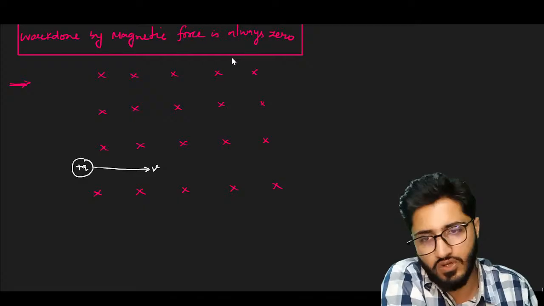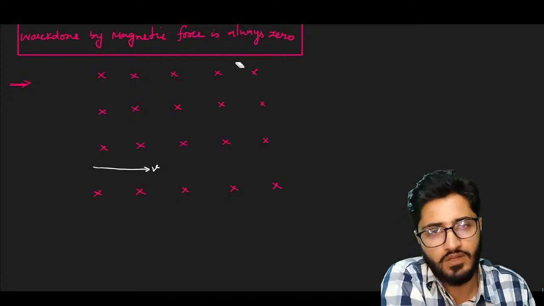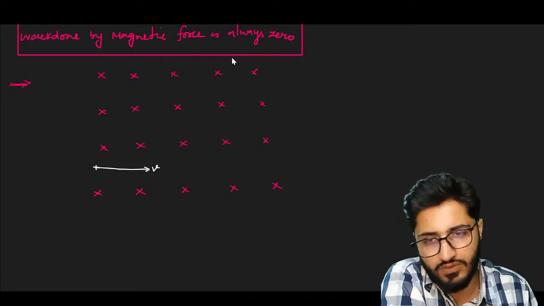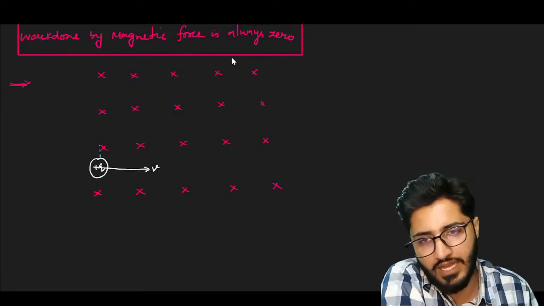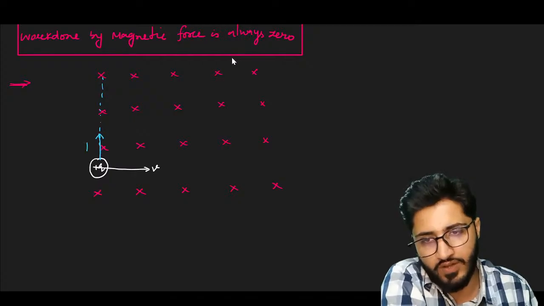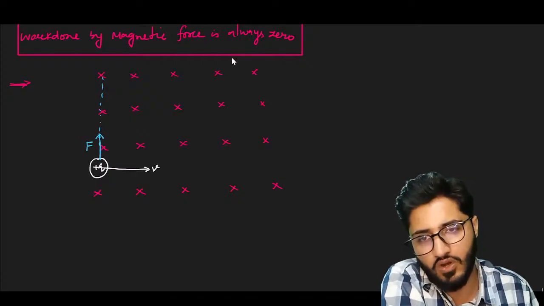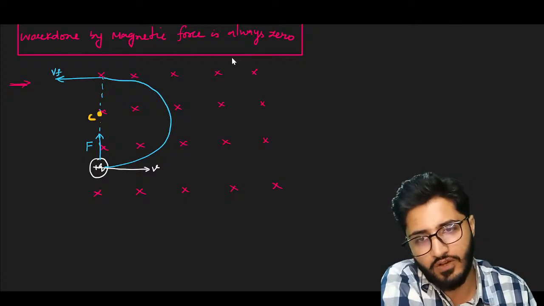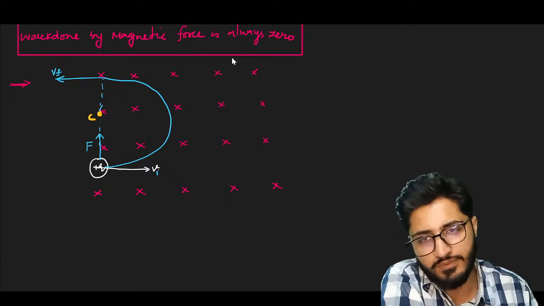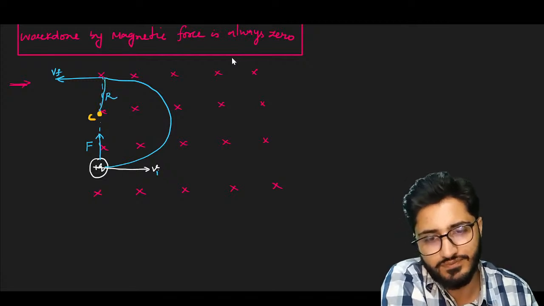As we know, the force axis will be like this. One thing is confirmed: the center will be on this axis only. So it will go like this and then straight. Velocity final, velocity initial. This is my radius r. Done.